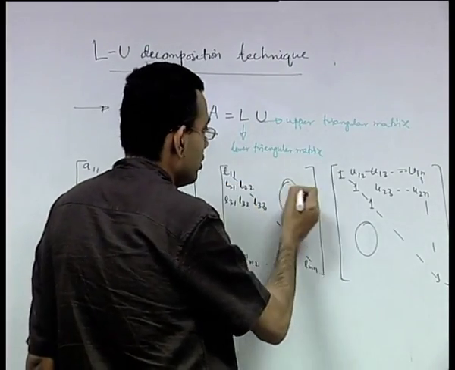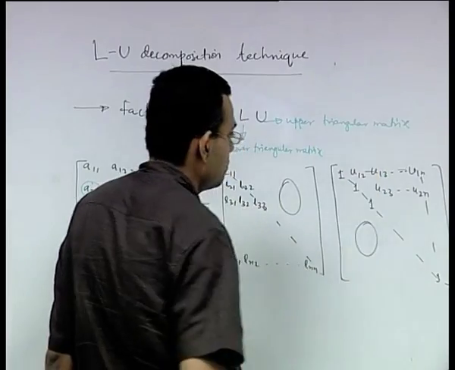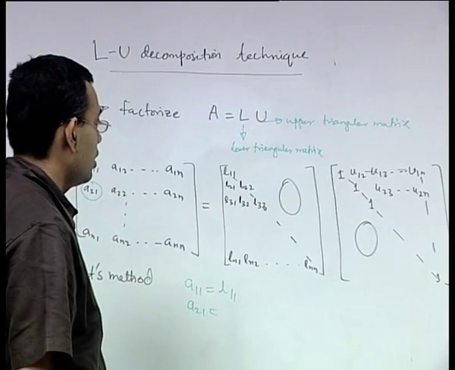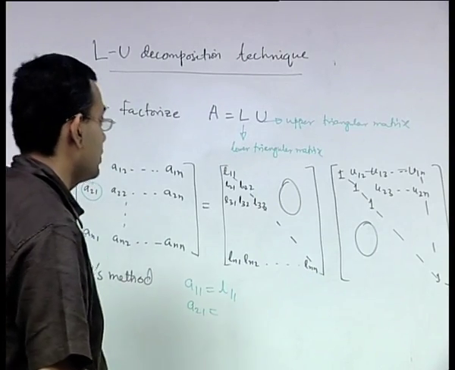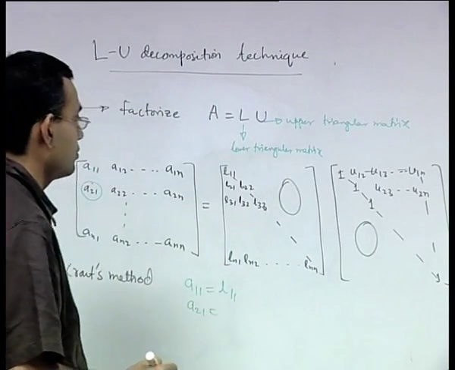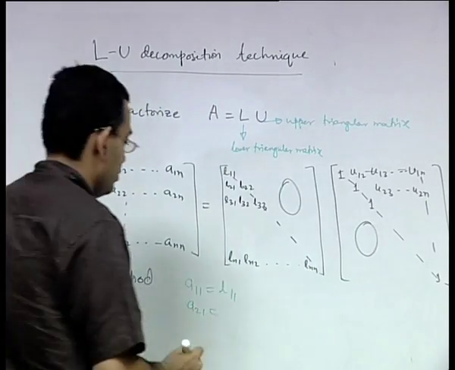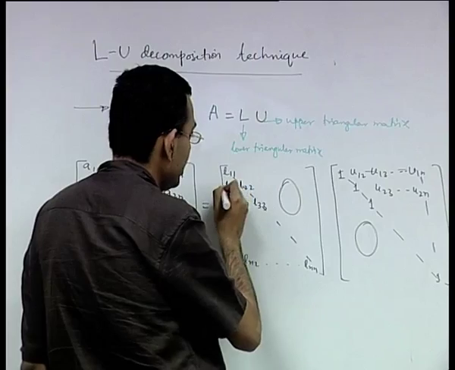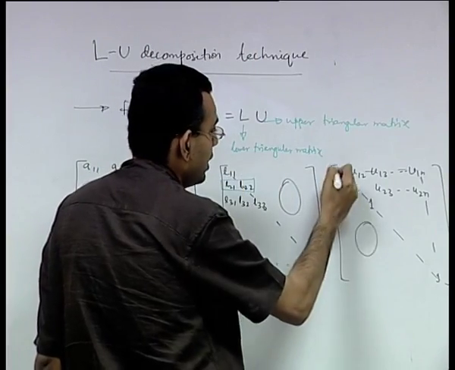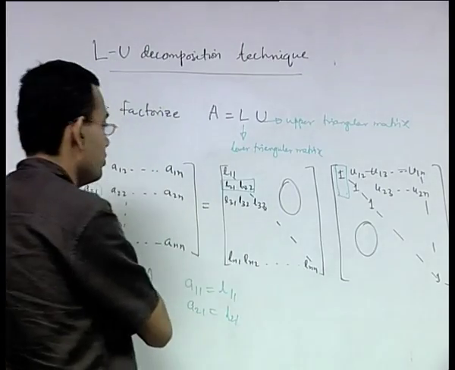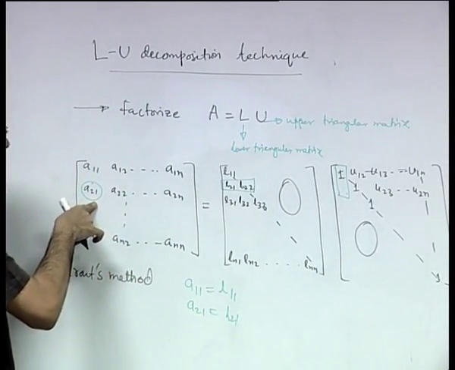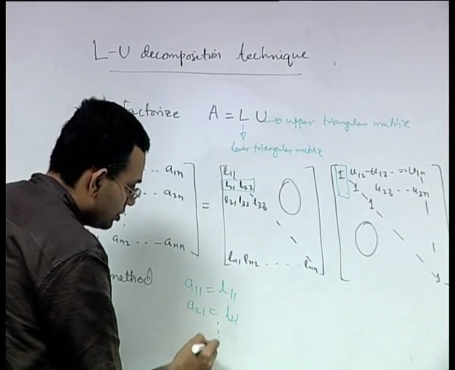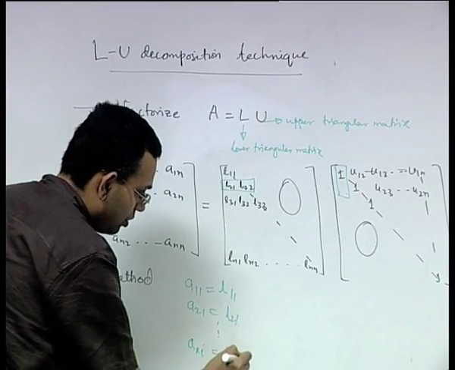Second row with the first column. So, L21 into 1. So, this row multiplied by this column will give you A21. So, in this way An1 is equal to Ln1.